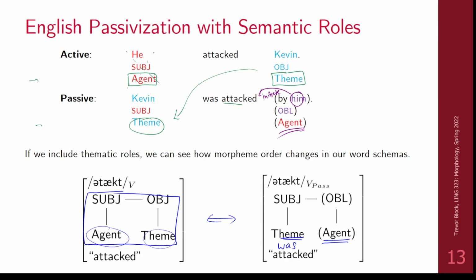So if we have a sentence that's using the active form on the left with words already in there, we know how to transform those words into a passive sentence. So we can do that transformation now. We can see that movement in our lexical entries. So we can actually see how the patterns are connected just using information about the verb.